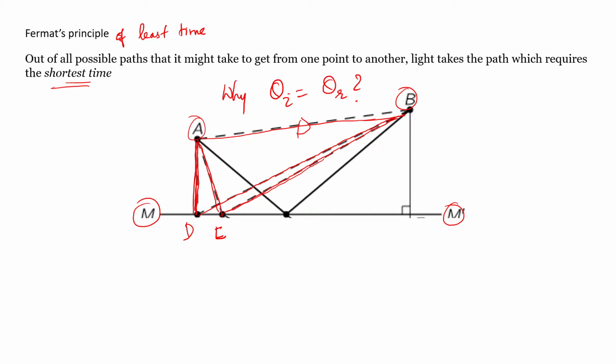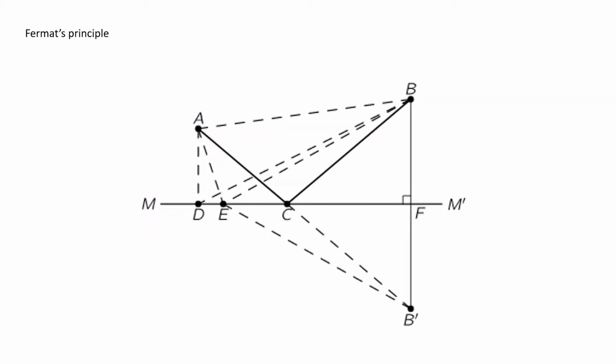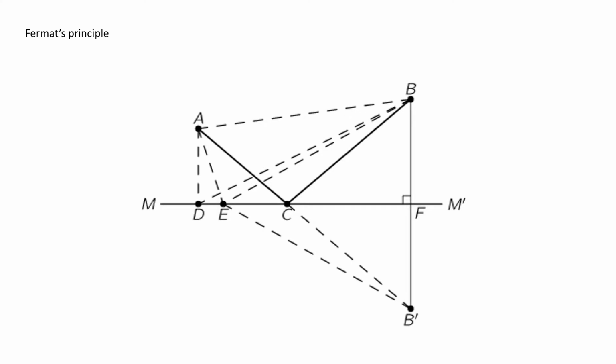But we can also do another thing, that is, I can look at the reflection of point B below the mirror, and I can see what would be the least distance to go from A to that reflection B prime.